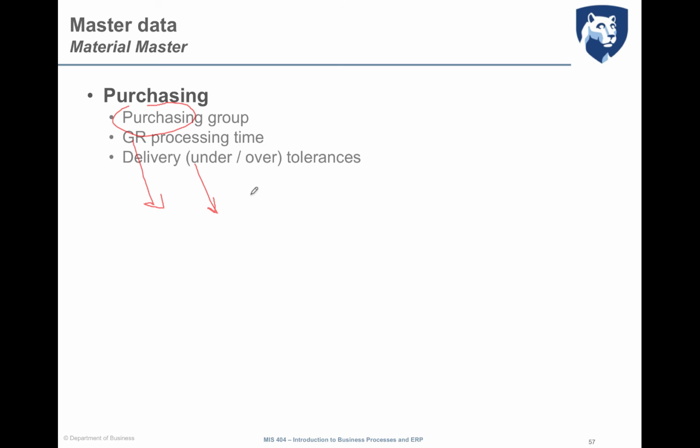So the delivery tolerance in the material master specifies how much over or under the delivery the order will be accepted. Of course, if the quantity exceeds the tolerance, in plus or in minus, the shipment and the order will be refused and returned to the vendor.